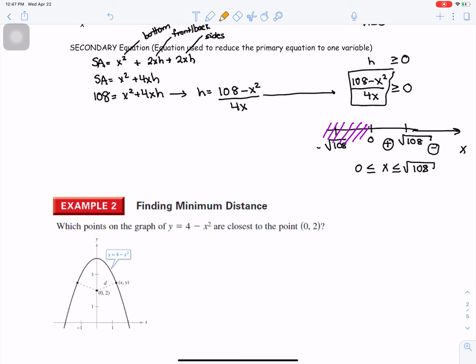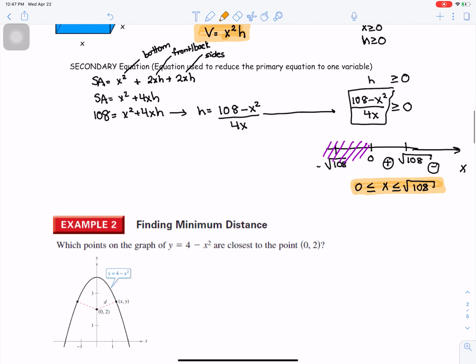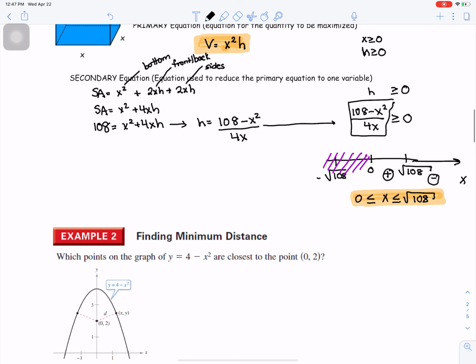Now again, because I'm able to set up my problem on this closed domain, and here's my volume function, it makes it simple because now when I'm trying to do the problem, I just need to find the critical points and use the extreme value theorem. So my volume equation is given by x squared times my h function, which is 108 minus x squared divided by 4x.